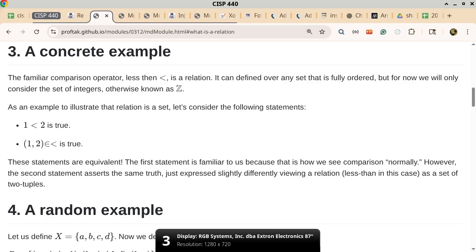You can use it either as an infix notation, or you can say a two-tuple is an element of that set. So these two are equivalent statements. This is a fairly well-known relation; less than and equal to are pretty well known.